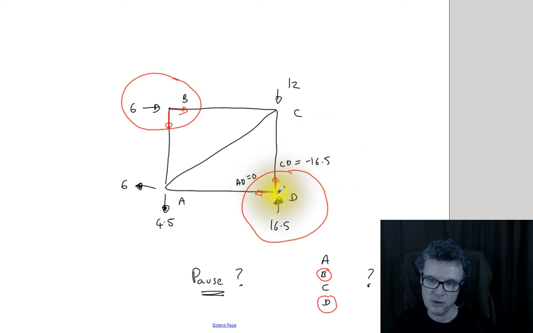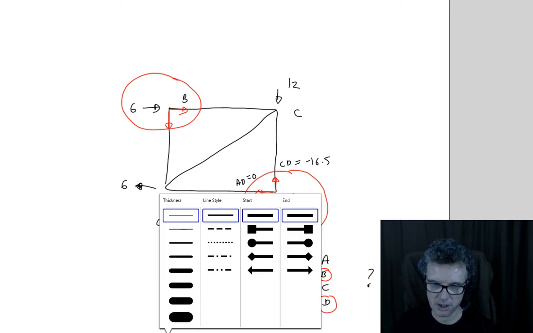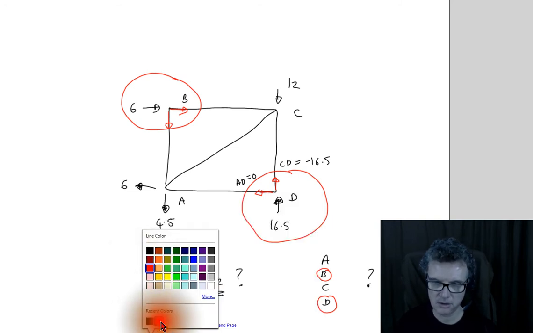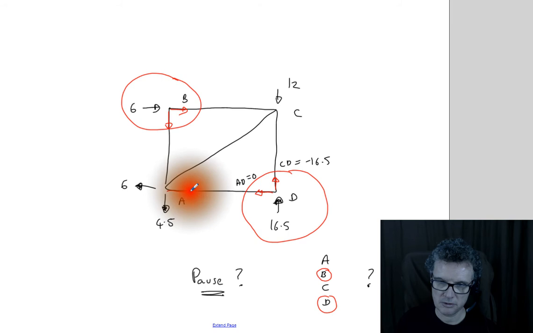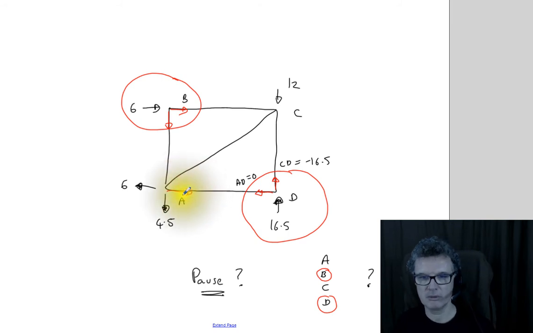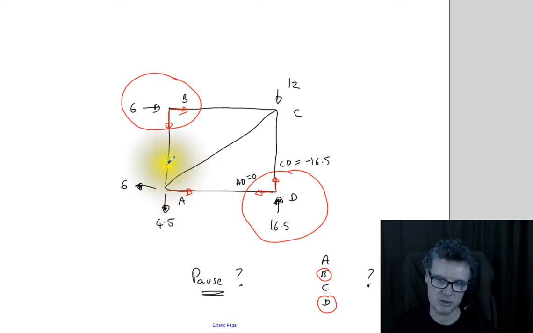So I could actually go to joint A next. Why? Because I know that this internal force here is actually 0, which means I've actually just got two unknowns. So that's one possible option.